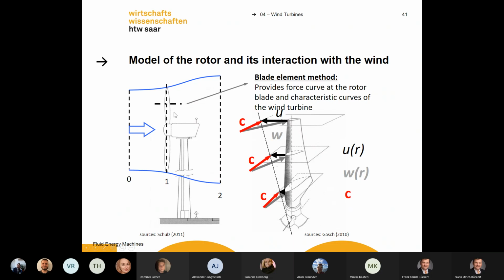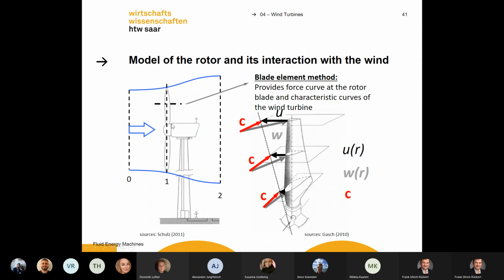I also want to mention the blade element method. That's something I explained before. We have these velocity triangles, and these rotation speeds, these U values, get higher and higher as you go to higher radii.